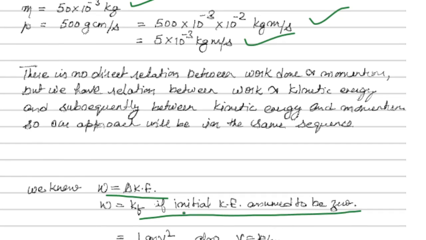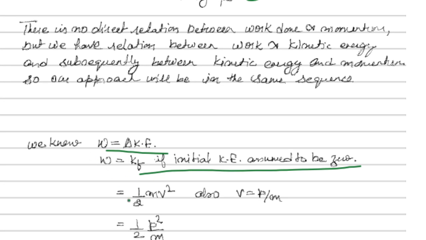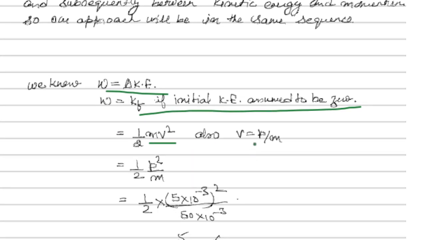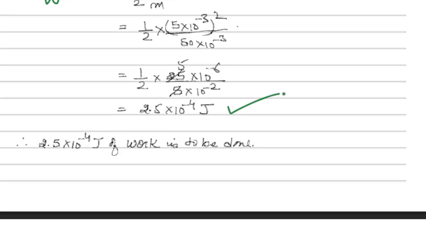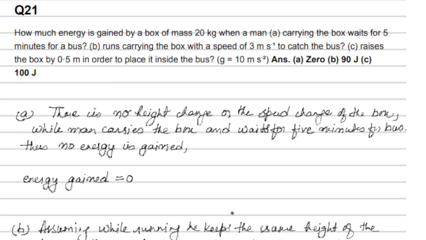If we assume the initial kinetic energy was 0, then it will just equal half mv square, and v we know is p by m, where p is momentum. So we can put half p square by m. We are using the relation of kinetic energy, and the change of that is equal to work done. If we solve it, we will get 2.5 into 10 to the power minus 4 joules. So this much work is to be done.